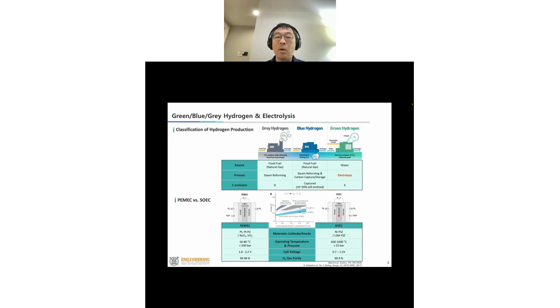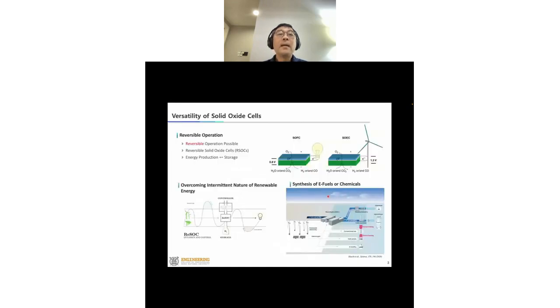It is made of a solid oxide ceramic membrane. When we talk about the solid oxide cell, there are two types: the solid oxide fuel cell, or the solid oxide electrolyte cell.